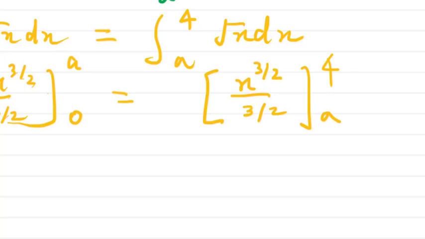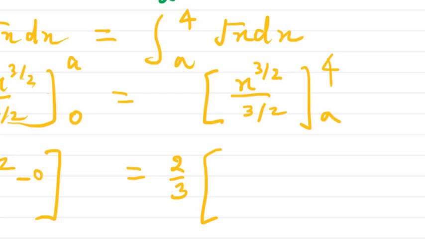In the first part we'll get a to the power 3/2, taking 2/3 common, and the other term is 0. In the same way here, taking 2/3 common, I'll get 4, which I'm writing as 2 squared, so 2 squared to the power 3/2 minus a to the power 3/2. Cancelling the common factor, I'll get a to the power 3/2 on the left, and from the right side also.